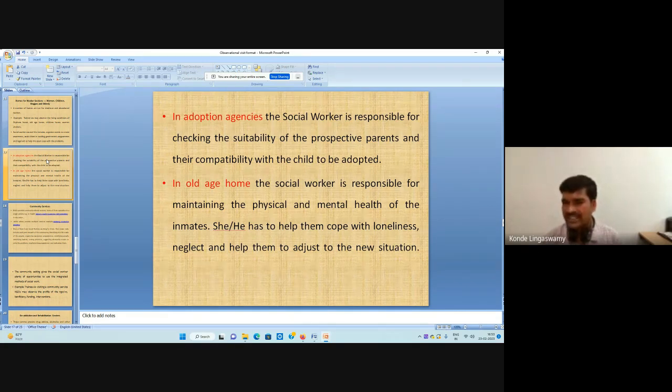If you visit the adoption agency, find out the procedure for adoption. In an old age home, the social worker is responsible for maintaining the physical and mental health of the inmates. The social worker has to help them cope with loneliness and neglect, and help them adjust to the new situation.